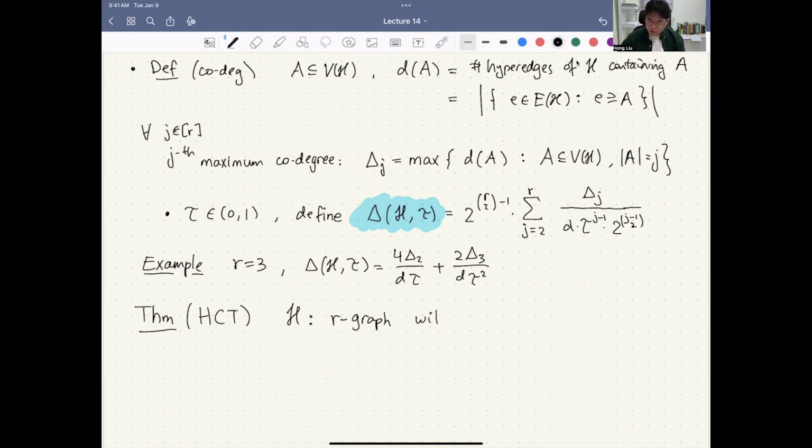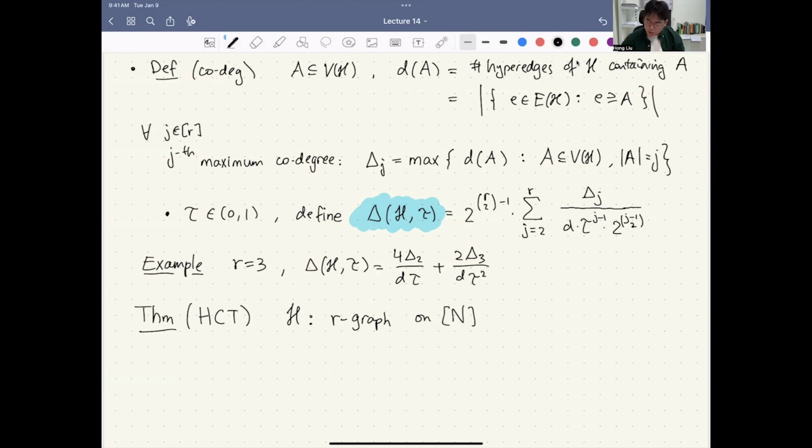The average degree is hidden in the definition of this function. It is on a vertex set of size capital N.